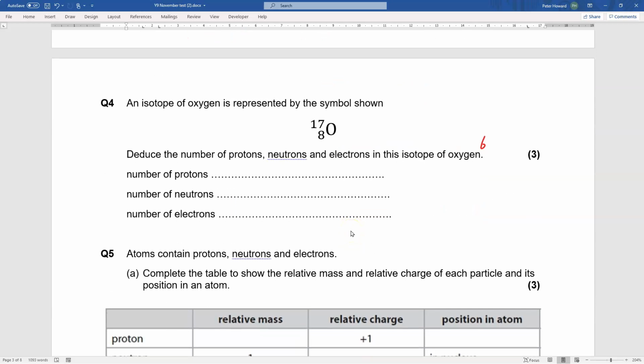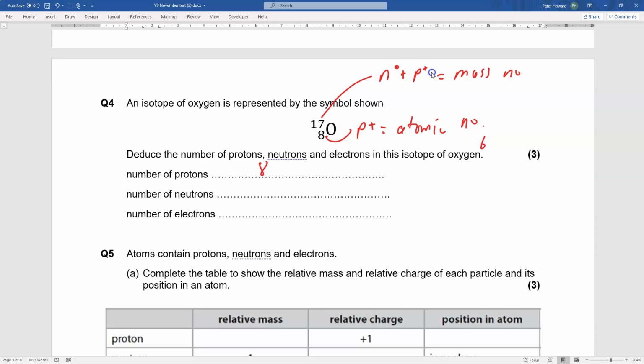Here is a version of oxygen. If you got this wrong, I would like you to write the following annotation. That's equal to protons. This one here is equal to neutrons plus protons. This is also known as the mass number, and this here is known as the atomic number. So it tells us the number of protons here, 8.